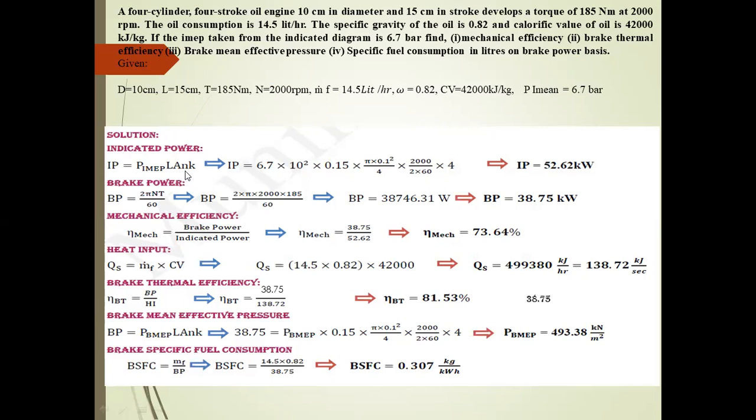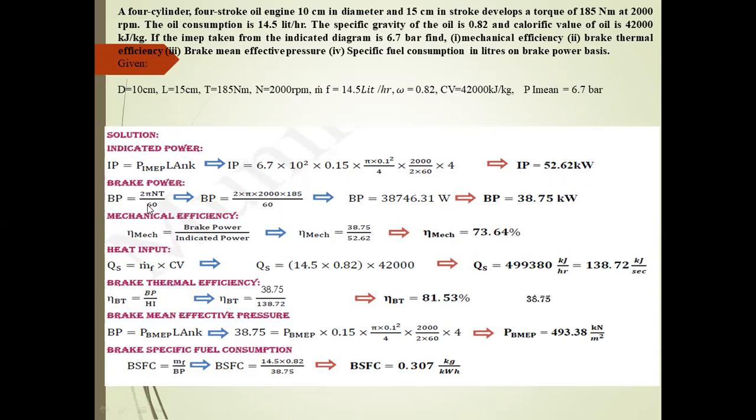Then n is 2000 divided by 2 into 60, where 2000 is the speed of the engine, capital N, and K is the number of cylinders, which is 4. Finally we get the indicated power as 52.62 kilowatt.